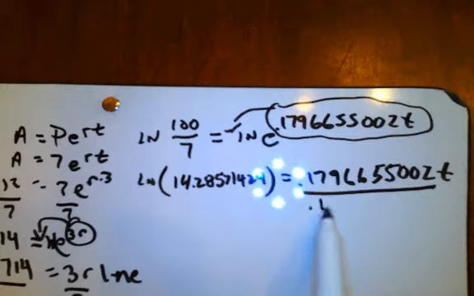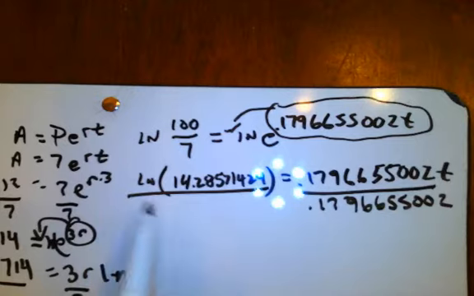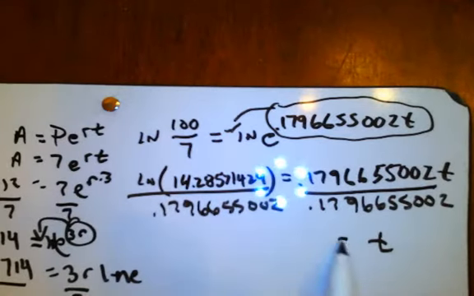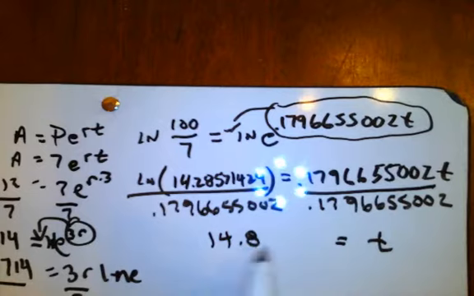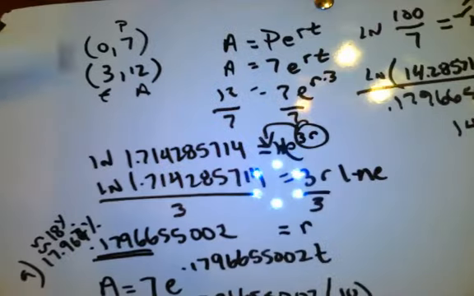Well, it looks like all I need to do now is divide both sides by my rate, 0.17966550002, to get t by itself. All right, so ln of 14.28571429 and divide that by 0.17966550002. I get that t equals 14.801 years.